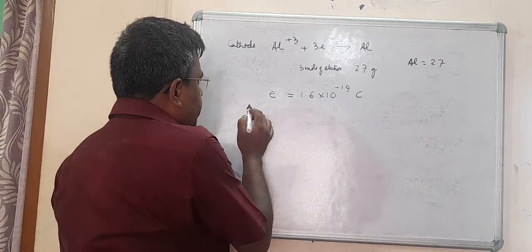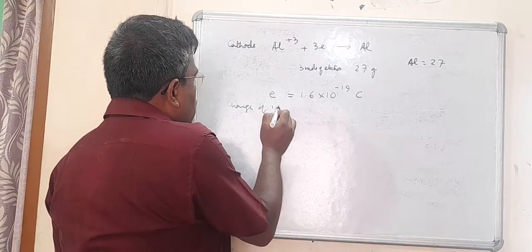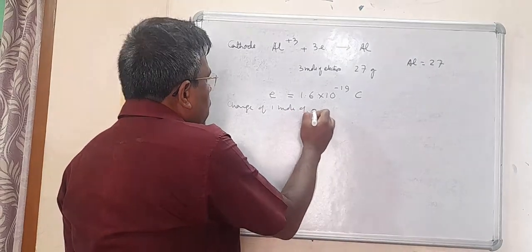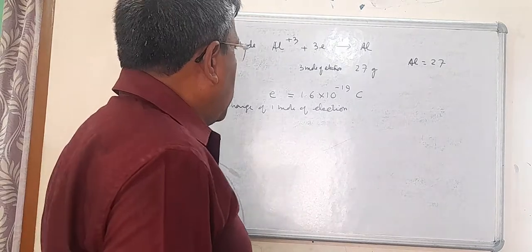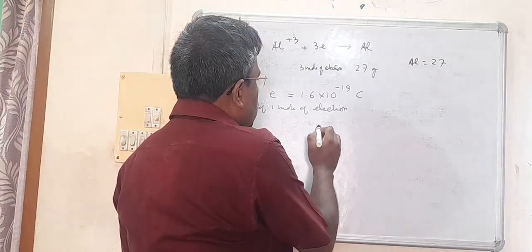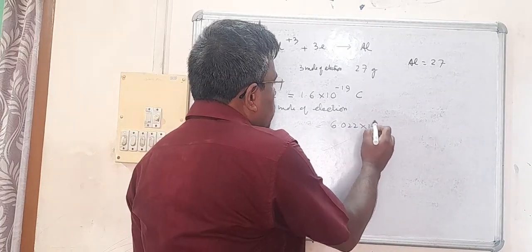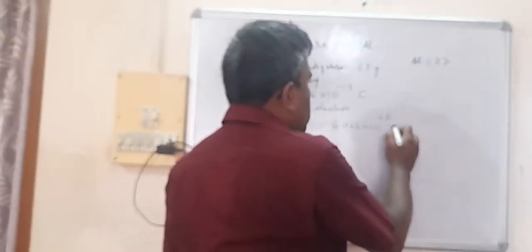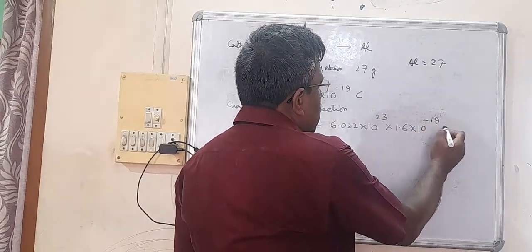So what will be the value of the charge of 1 mole of electron? It will be 6.022 into 10 to the power 23, this is Avogadro's number, multiplied by 1.6 into 10 to the power minus 19 coulomb.